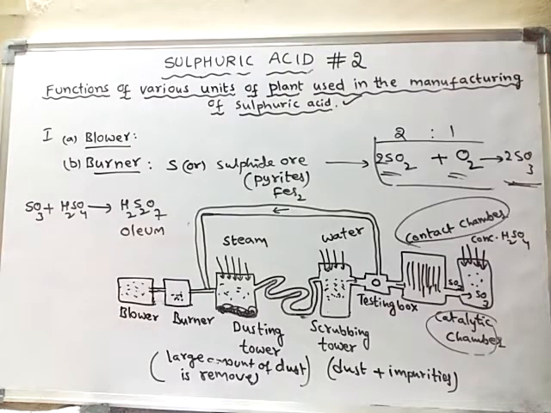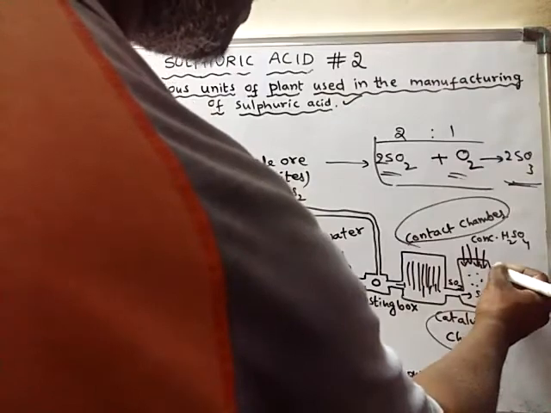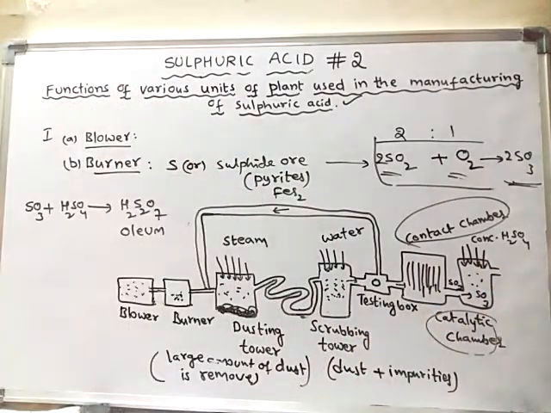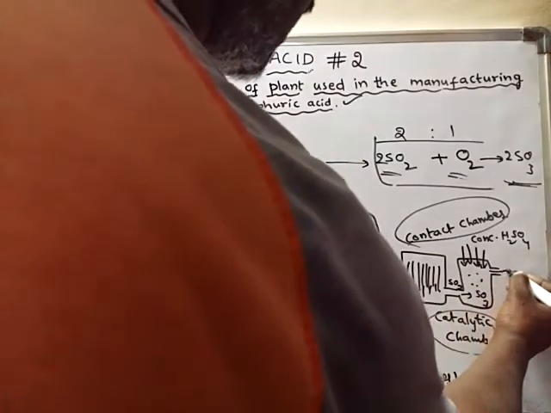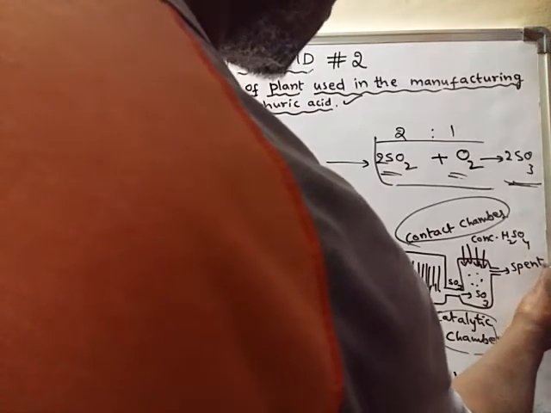If by mistake there are any impurities, those impurities will convert into gases and leave in the form of spent gases.